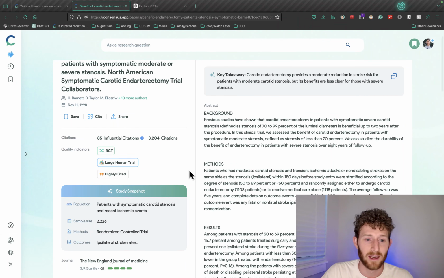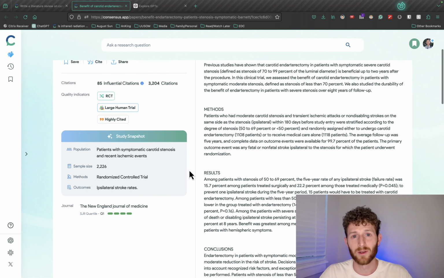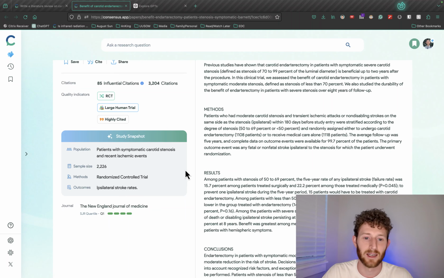So this is just another way that you could go evaluate this article and see, is it useful? Is it generalizable? Was it a good study? And that's the kind of information that you're going to start basing your clinical decision making off of.